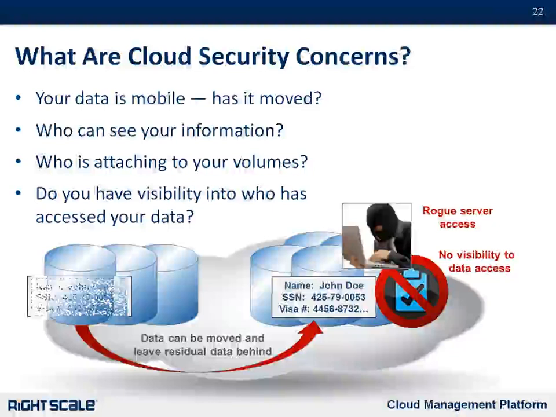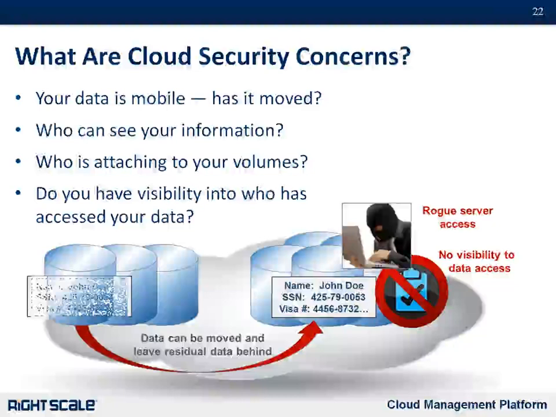When your back-end disk is in the public cloud and it's a black box, you've given your cloud provider the ability to move that data around at will. And they do that for performance and availability reasons, and there are lots of good reasons, but it leads to other problems, both regulatory problems, if the data is moved to areas where you don't want it to be or you don't know it's been moved, as well as general security concerns.